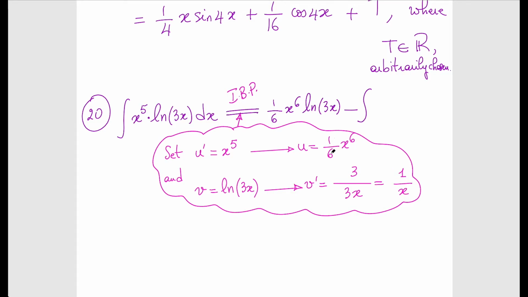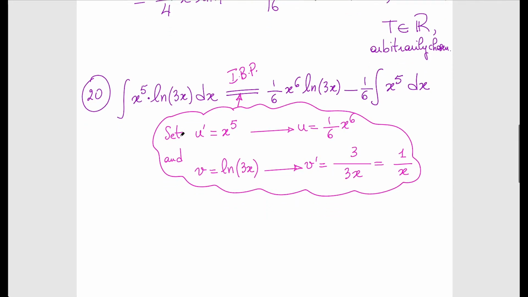So it's going to be 1 over 6 x^6 times 1 over x. So let's make some room for the multiplicative constant to sit outside. 1 over 6. x^6 times 1 over x is x^5, right? x^5 dx. So we get this, which is way simpler than this one.